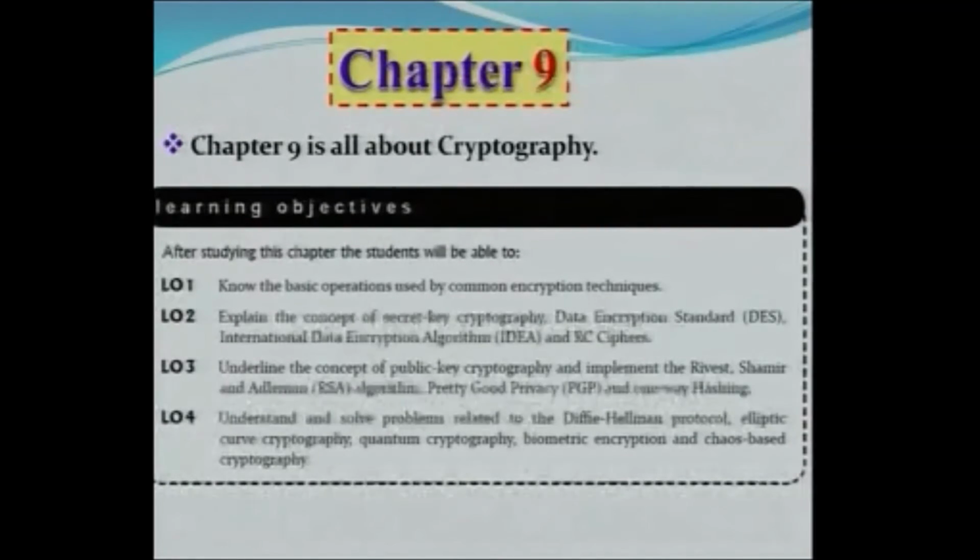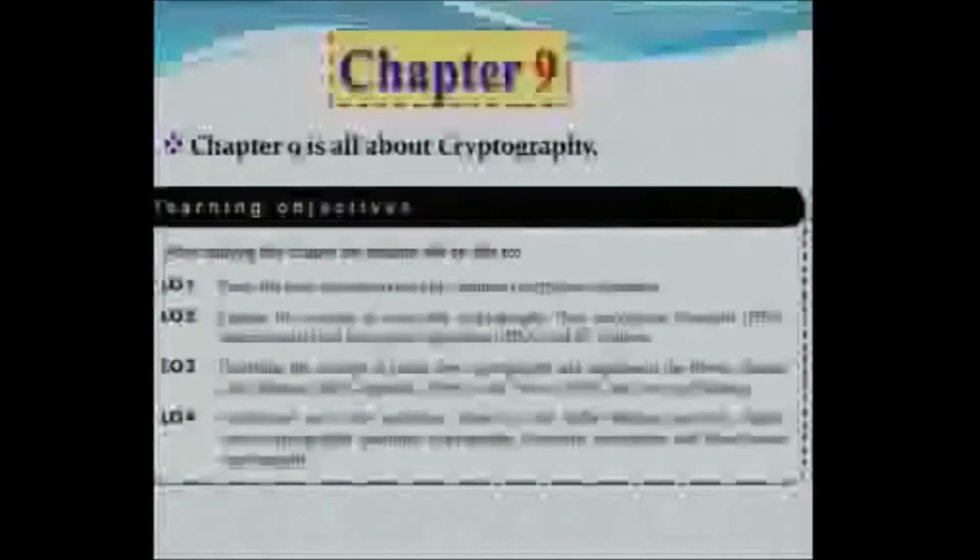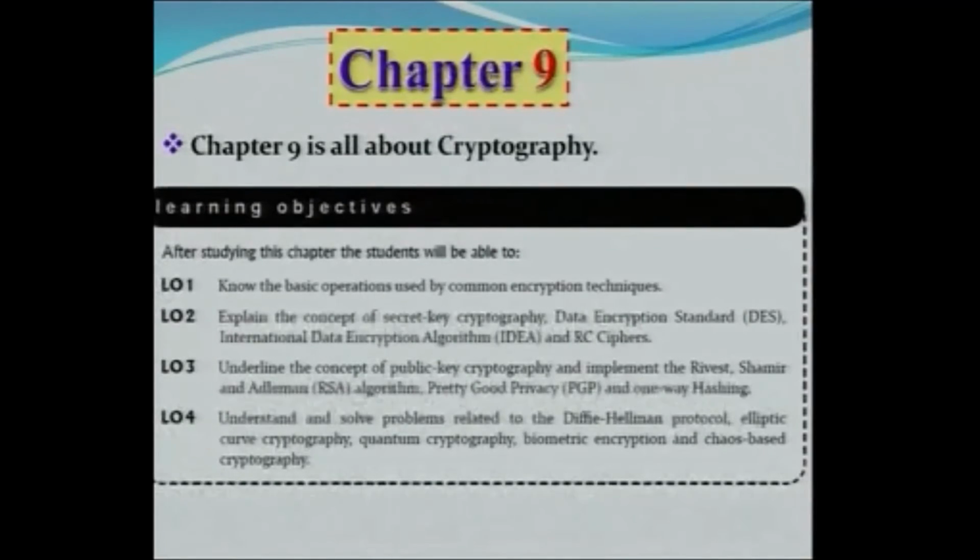We will then talk about public key cryptography. We will discuss the RSA algorithm, PGP or Pretty Good Privacy, and look at one-way hashing. We will also study the Diffie-Hellman protocol for key exchange, elliptic curve cryptography, quantum cryptography, biometric encryption, and chaos-based cryptography.